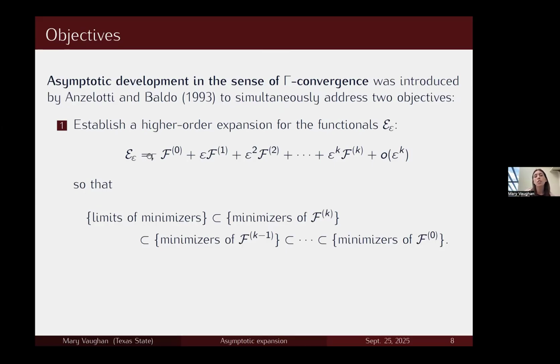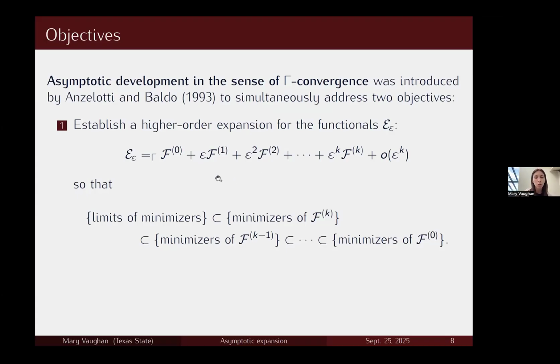So you want to be able to write, in some context with regard to gamma convergence, this expansion in terms of energy functionals. Here, you expect that the energy gamma converges to F0, then after dividing by epsilon it converges to F1, divided by epsilon squared converges to F2. We're going to have some sense of this expansion.